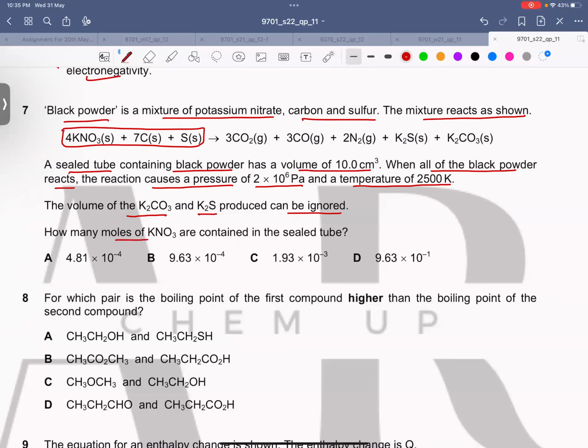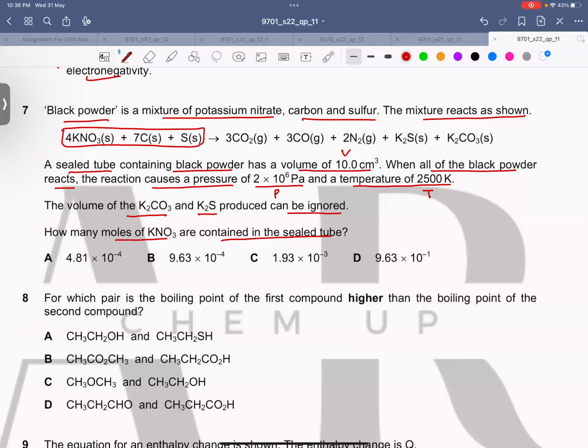How many moles of potassium nitrate are contained in C2? We have to find the moles of potassium nitrate. So we have the volume of the container, the pressure, and the temperature.